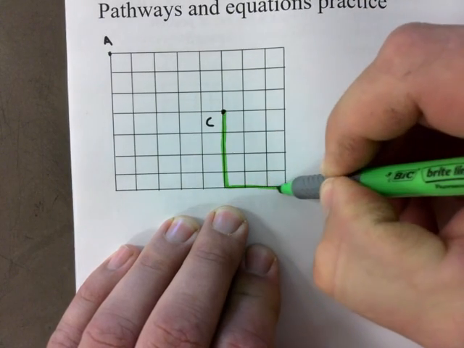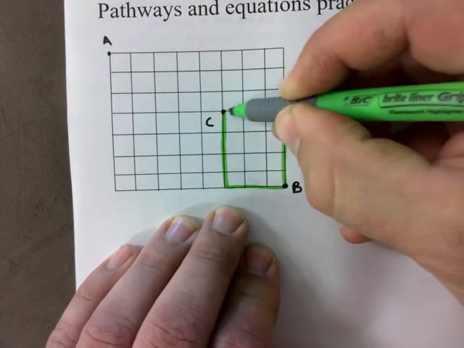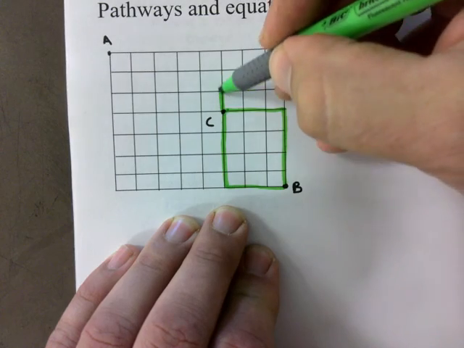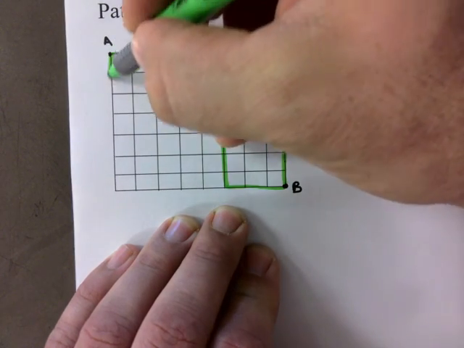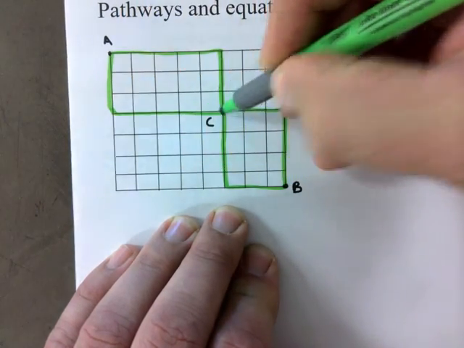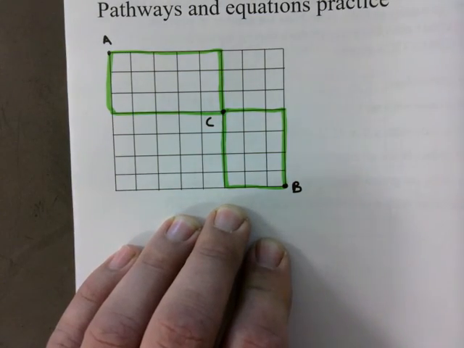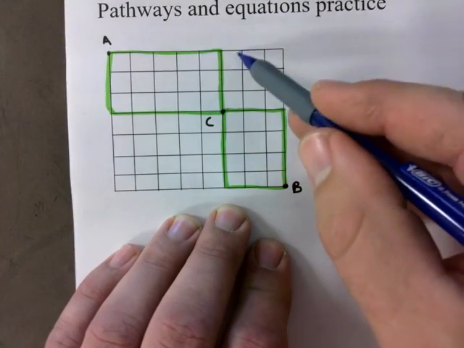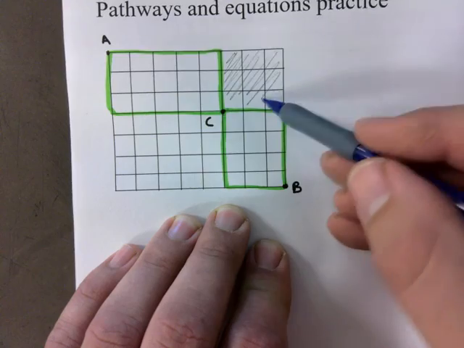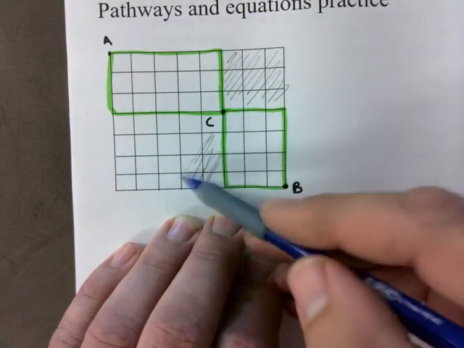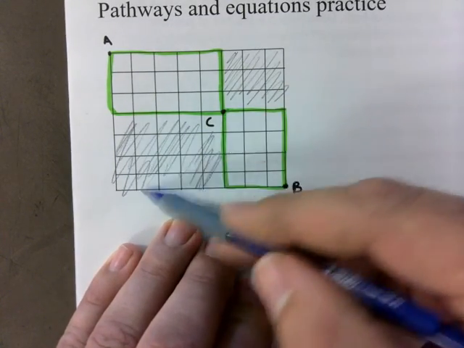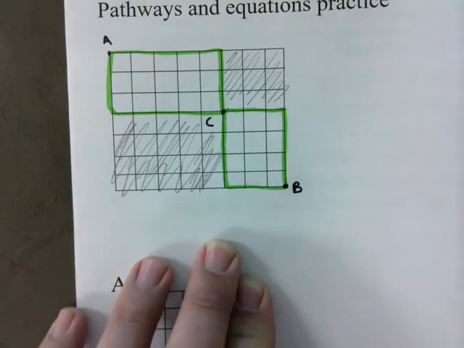So it would be this, and it would be this. If you don't have a highlighter, just make it very bold. And so what happens to these boxes? We omit them. If you ever see something like this, you just ignore everything else around.